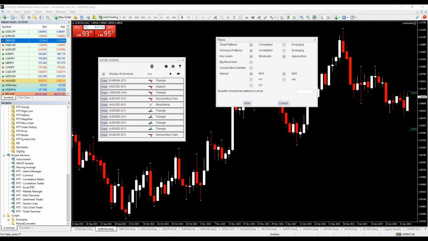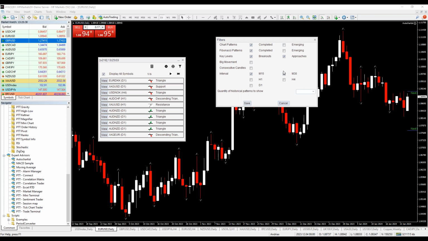As I explained earlier, emerging patterns offer an early warning of where trading opportunities are developing. It means that you will see when the price is approaching a support or resistance level, or whether we have an emerging chart pattern, which is useful for swing traders.